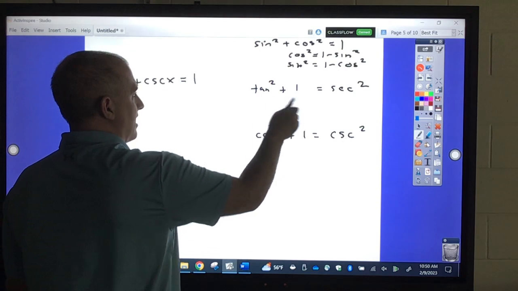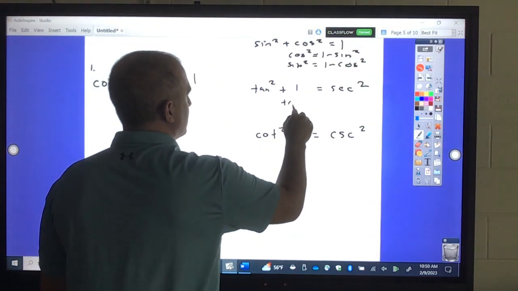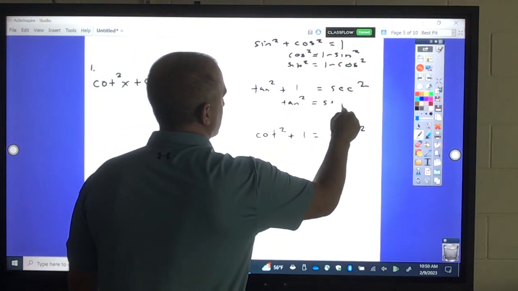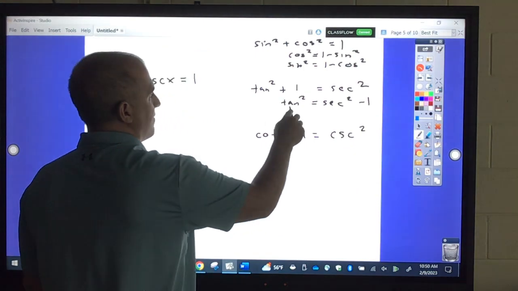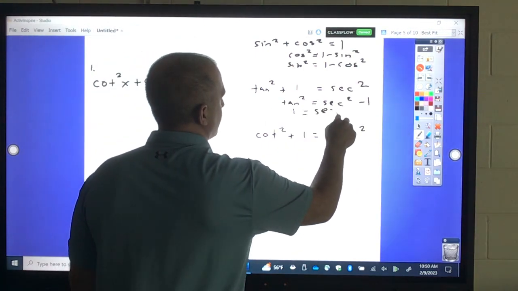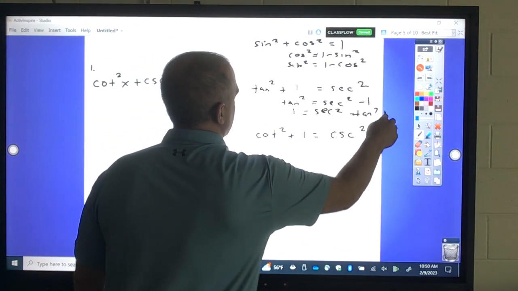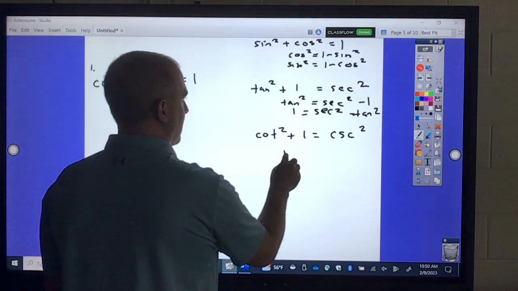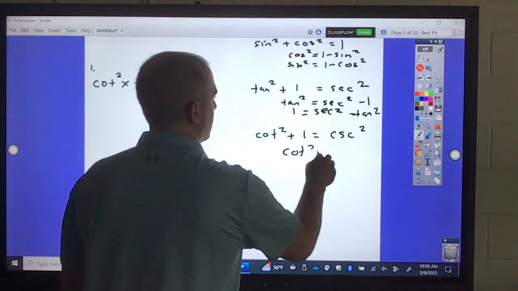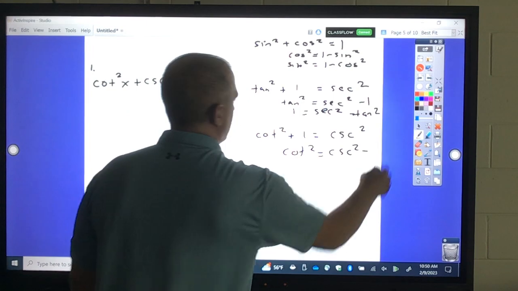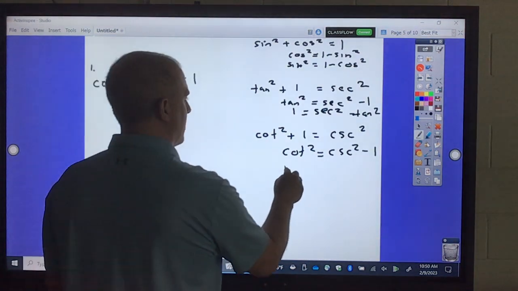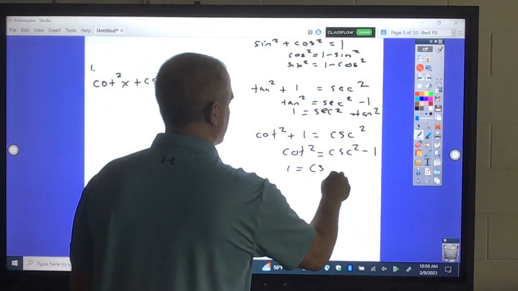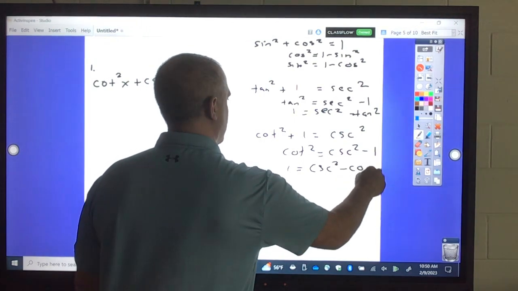I could have tangent squared equaling secant squared minus 1, or 1 equaling secant squared minus tangent squared. Same thing here: cotangent squared equaling cosecant squared minus 1, and 1 equaling cosecant squared minus cotangent squared.